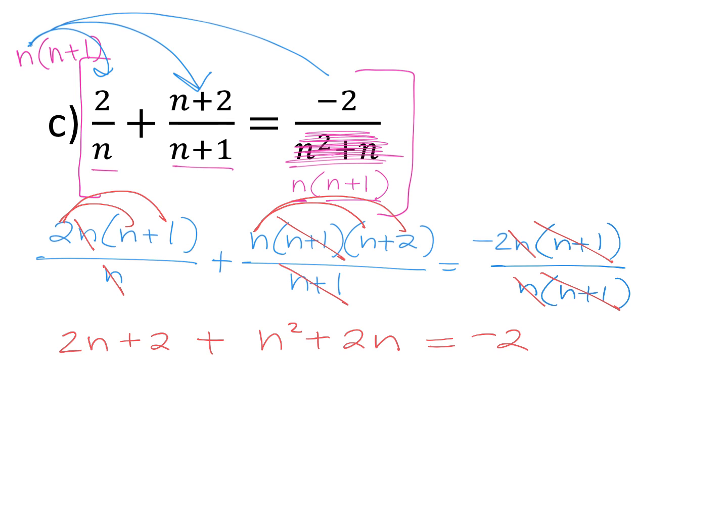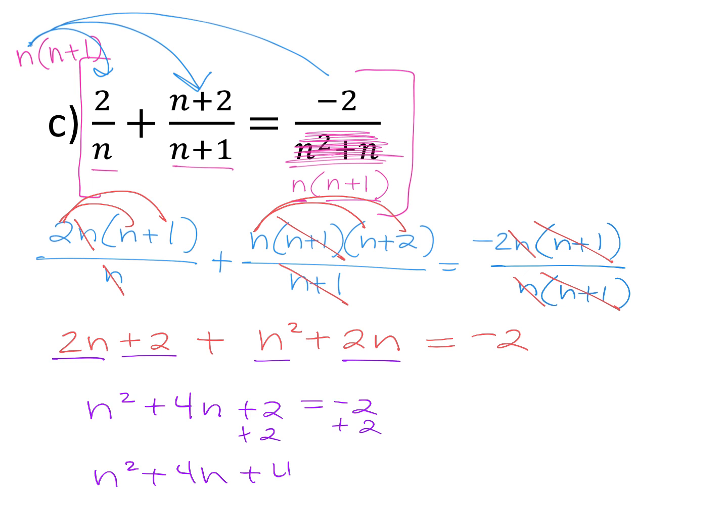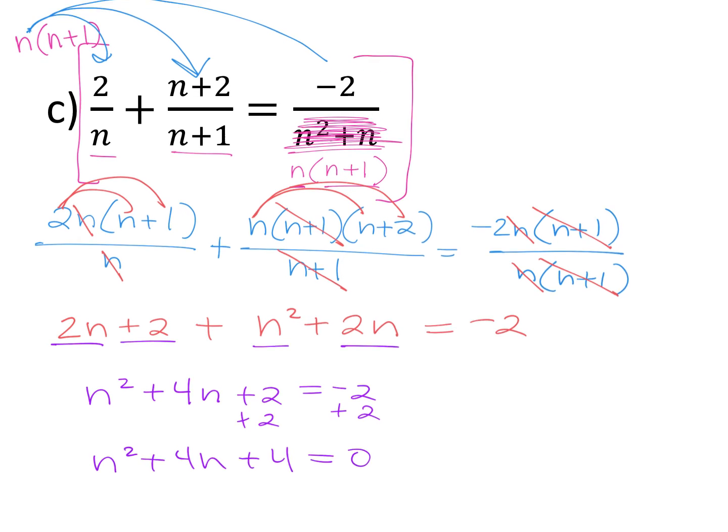Lots going on, huh? Okay, so last thing is just to simplify this algebraically. You have an n squared, so I'm going to put that out in front. 2n plus 2n is plus 4n. Plus 2 equals negative 2. So if I add 2 to both sides, I get n squared plus 4n plus 4 equals 0.